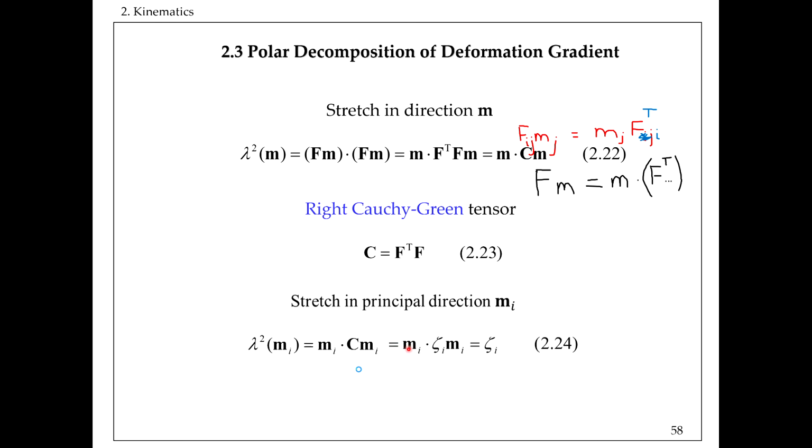So that M_i is first preserved, and if M_i is the principal direction or eigenvector of C, then we can write it this way, where this fancy psi is nothing but the eigenvalue of C. Important to note here that this i doesn't mean summation, as is very common for us.